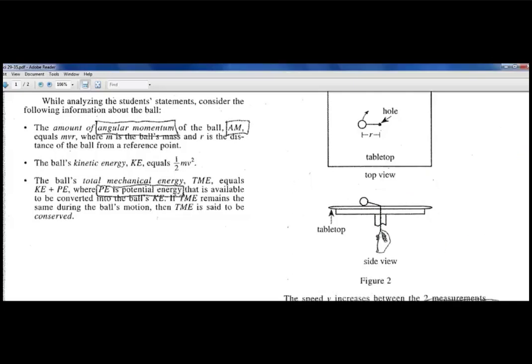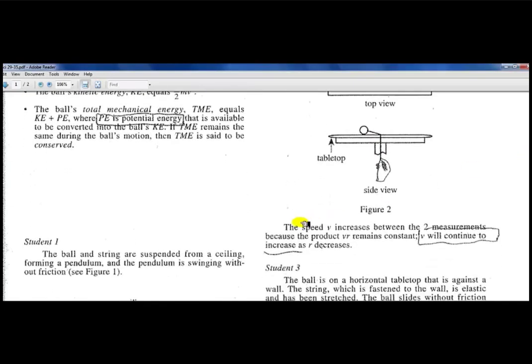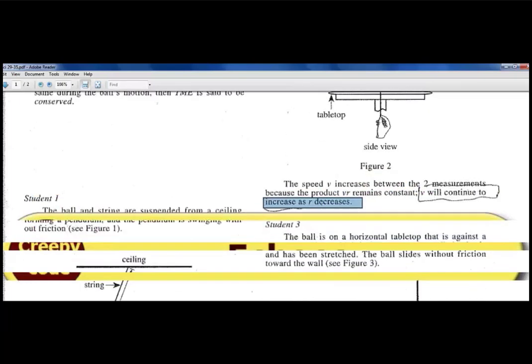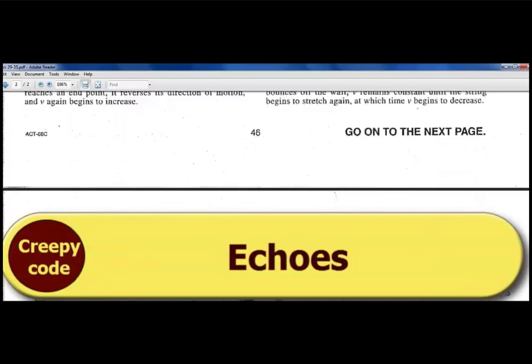The student says the speed V increases between the two measurements because the product VR remains constant, but V will continue to increase as R decreases. That's exactly what we saw there. We already knew that, but it's another way for you to find out that information. So let's go back into the question and weed through the details.